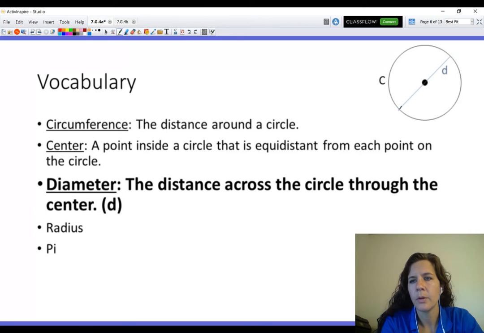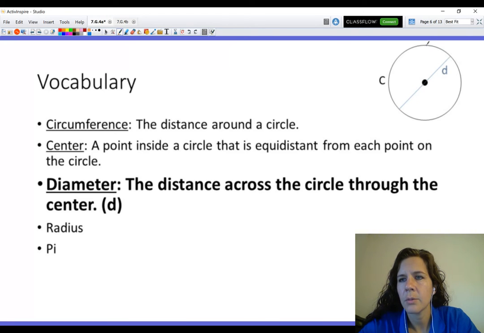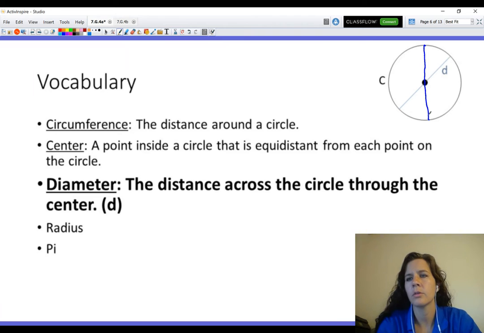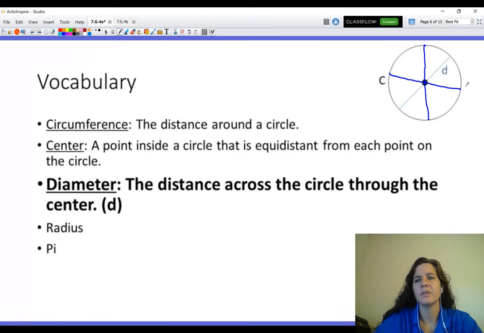It goes from a point on the circle through the center to another point. We can draw a diameter anywhere, really, as long as it goes from one edge to the other through the center, and it's a straight line. All of those are diameters of the circle. They split the circle in half. And when we talk about diameter, we use a lowercase d.